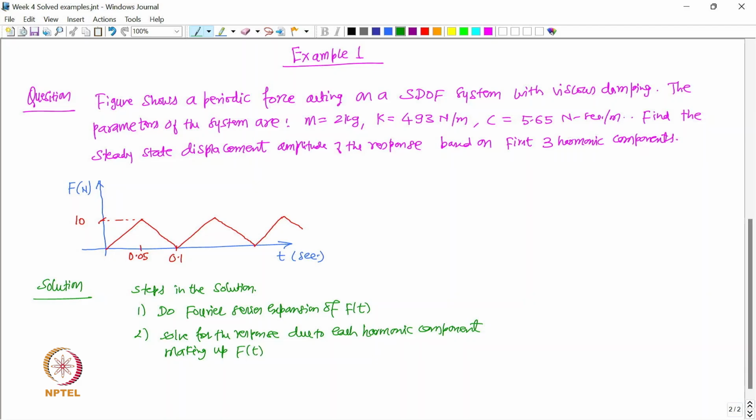That is step 2. And then step 3, algebraically sum the responses due to first 3 harmonic components, because that has been specified in our problem, and then from that we can determine the maximum value of the response. Find the displacement amplitude.